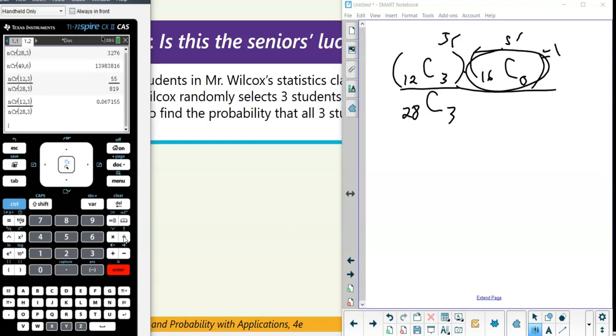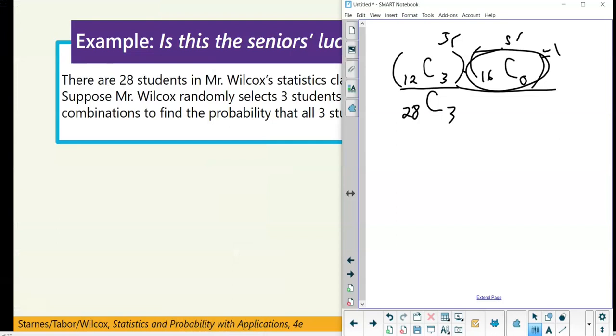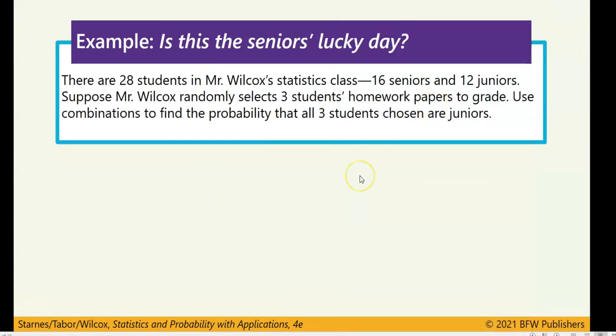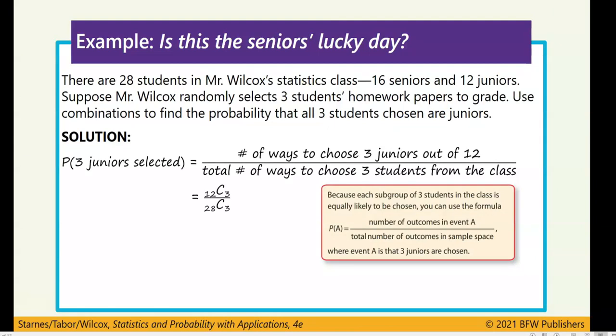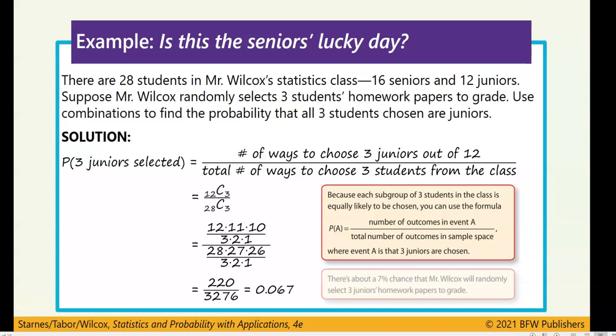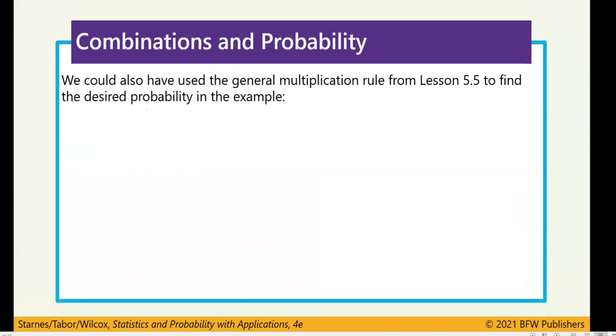So there's a 6.7% chance that all of them are going to be juniors that he picks for homework. Let's see if they did it the same way. And they got that same answer. There's about a 7% chance that that will happen.